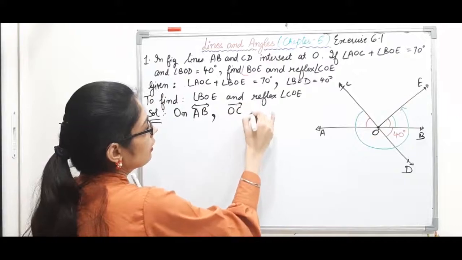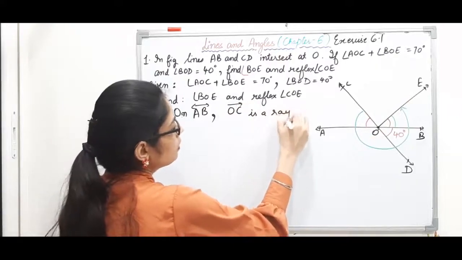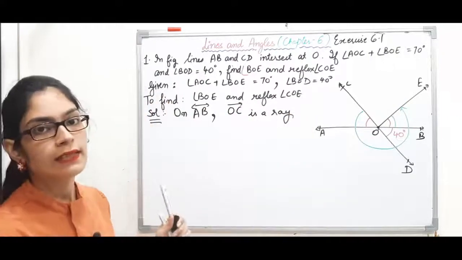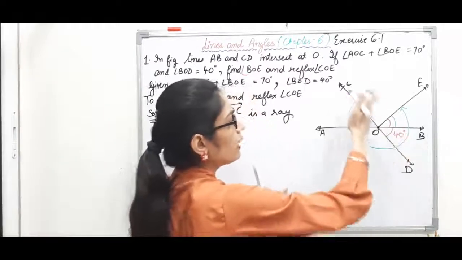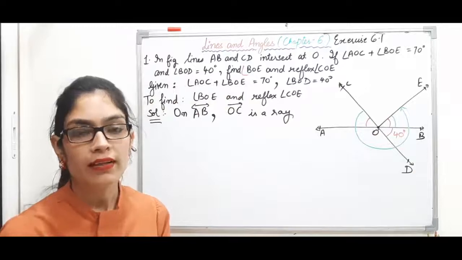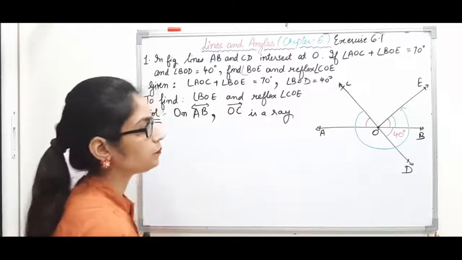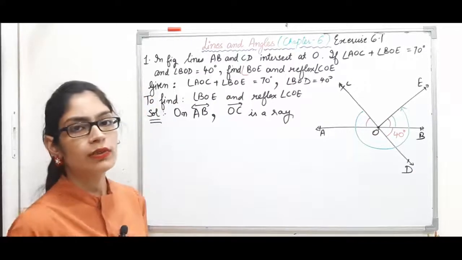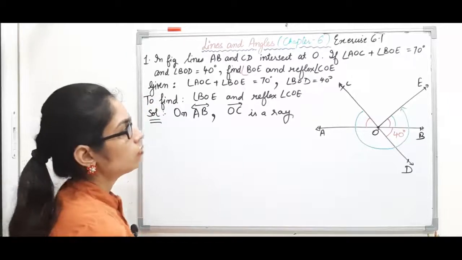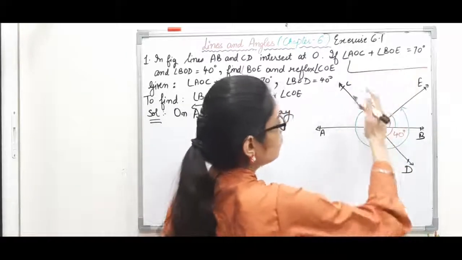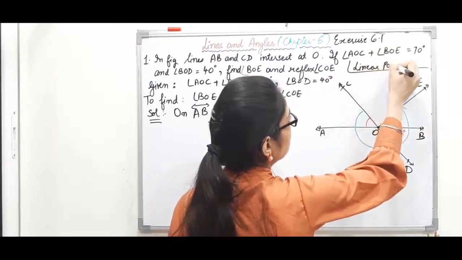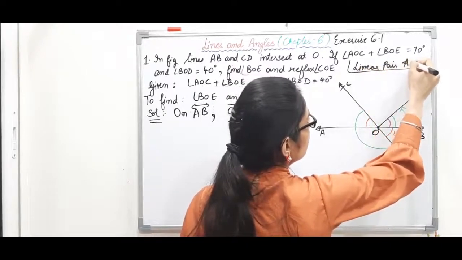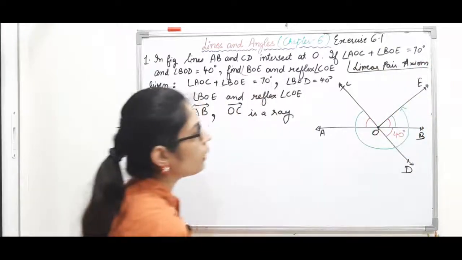OC is a ray. So here we are going to use axiom 6.1. If on a line any ray stands, the sum of the two angles is equal to 180 degrees. This is also known as the linear pair axiom. You can also remember the sum of the adjacent angles is known as the linear pair axiom, which is given as axiom 6.1 to us.